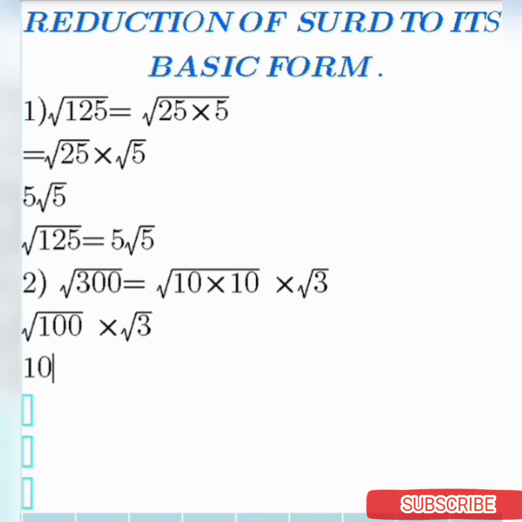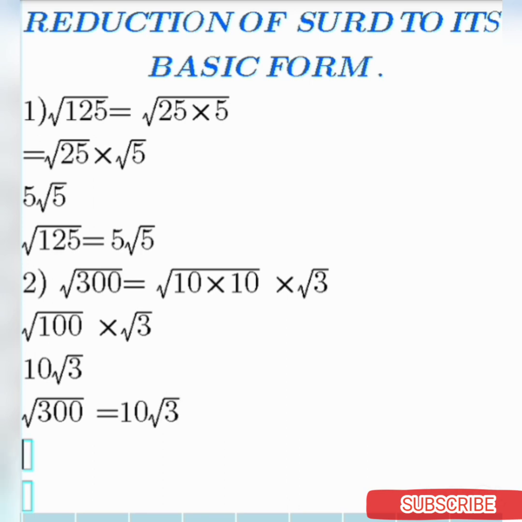When you write the 10 down, what is remaining is your root 3. So you just bring down your root 3. So you have that your final answer is 10 root 3. So we can write that root 300 is the same thing as 10 root 3.